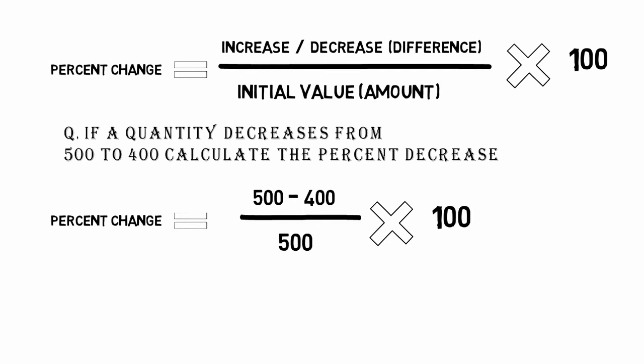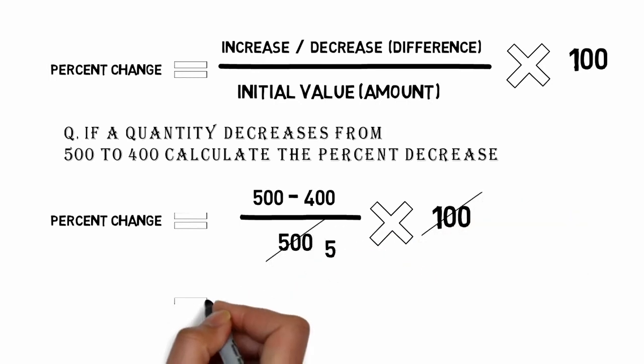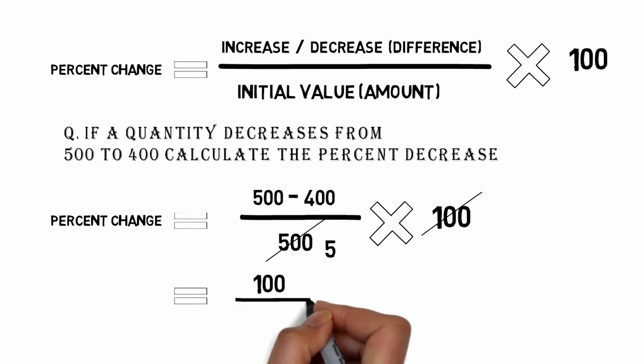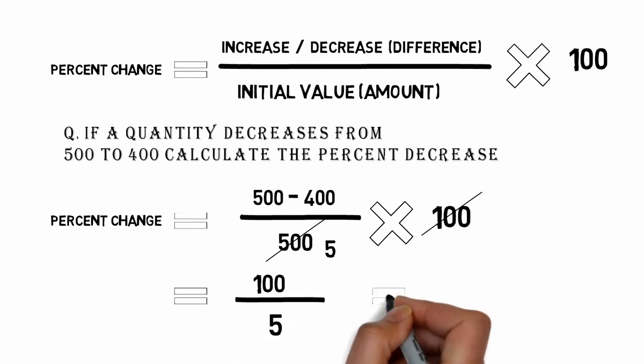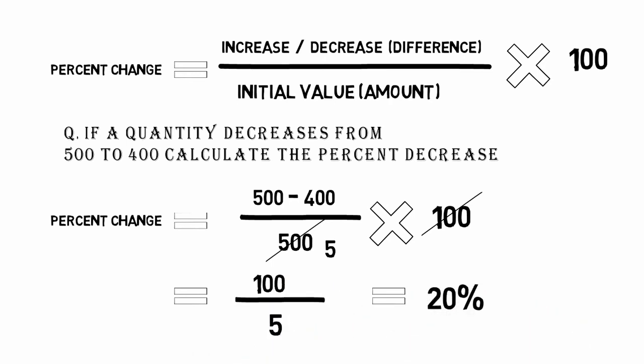By putting the values in the formula we get this equation, and after simplifying it we get 20%, which is the percentage change or percentage decrease.